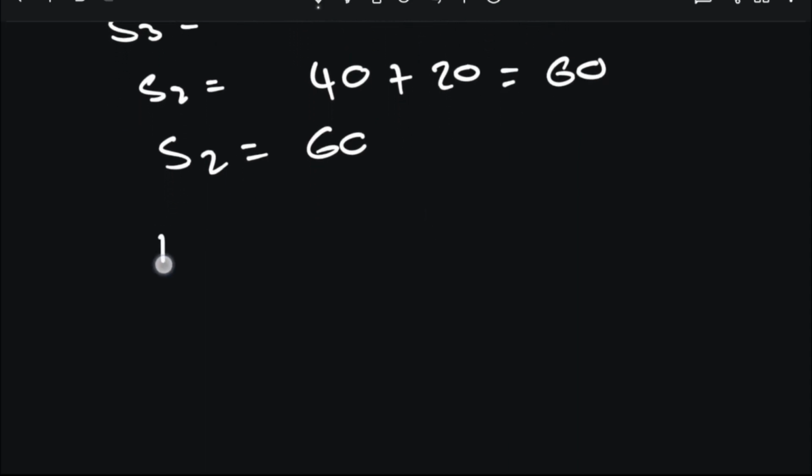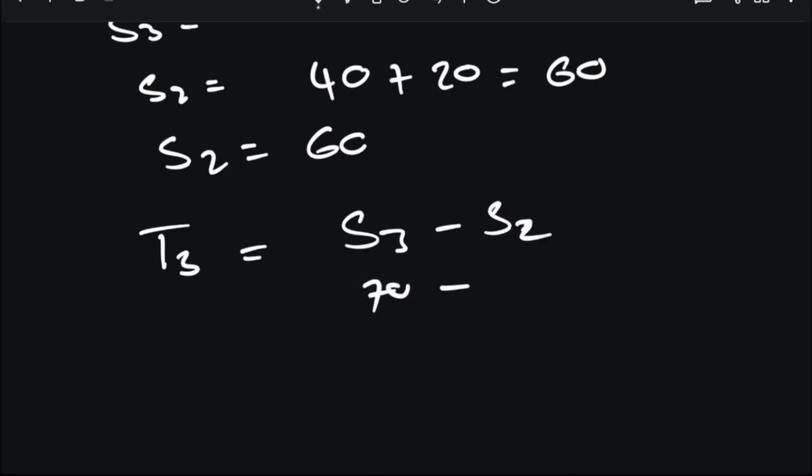So to get T3, we are supposed to subtract S2 from S3, right? We know the value of S3, that's 70, minus S2, that's 60, and we get that T3 is equal to 10.